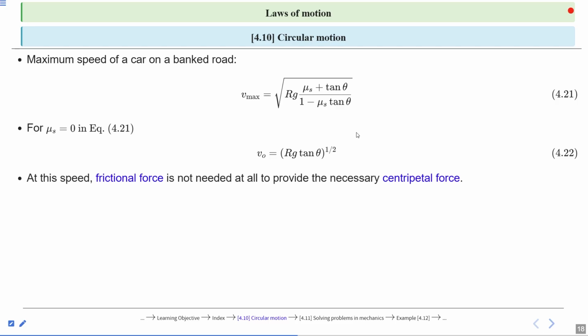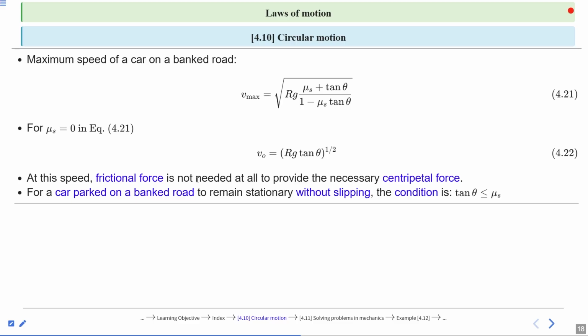At this speed, frictional force is not needed at all to provide the necessary centripetal force, because the coefficient of static friction is 0.